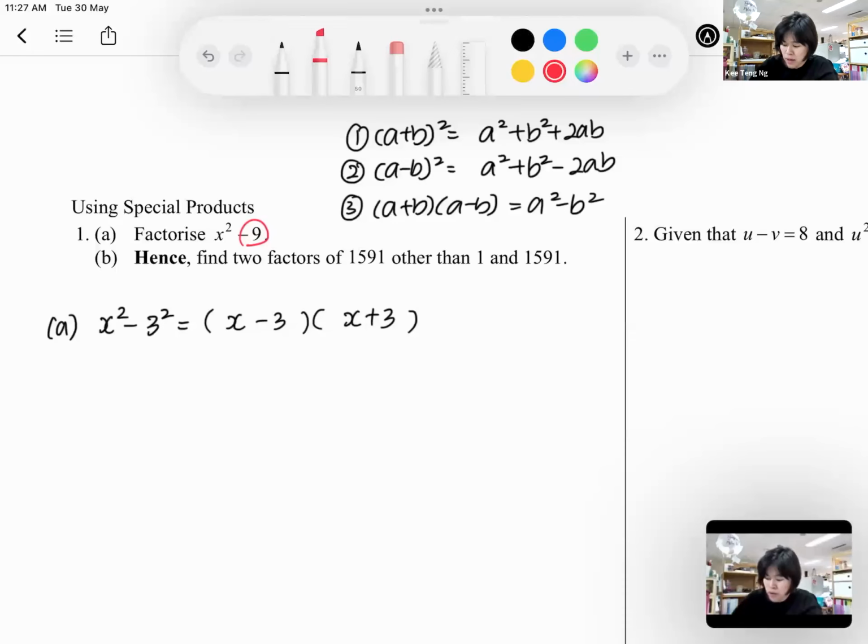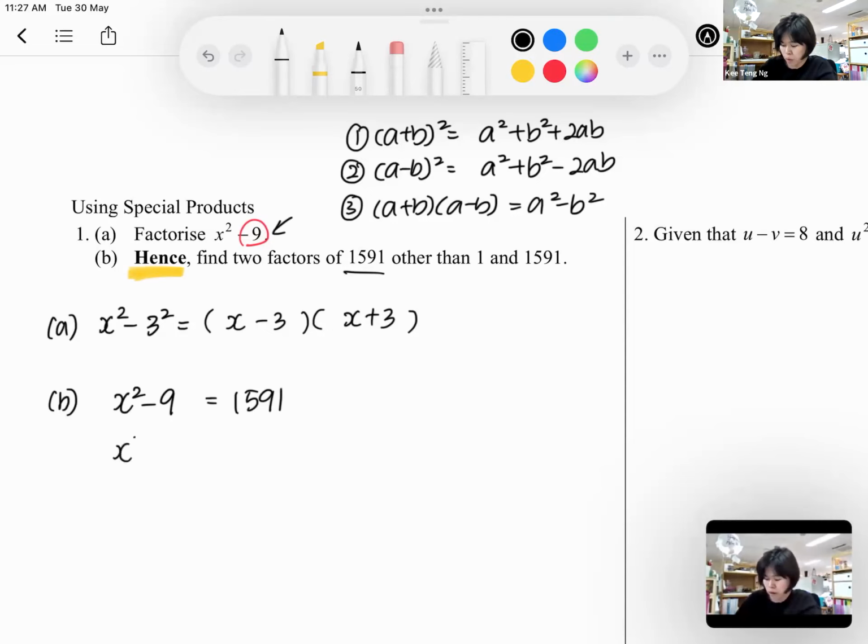So the question now says hence. Hence, we need to observe a certain pattern, right? They want factors of 1591. I don't have the pattern. I don't know what x is. What can I do? Okay, I try again. I know this one here is x squared minus 9. They say link it to the factors of 1591, right?